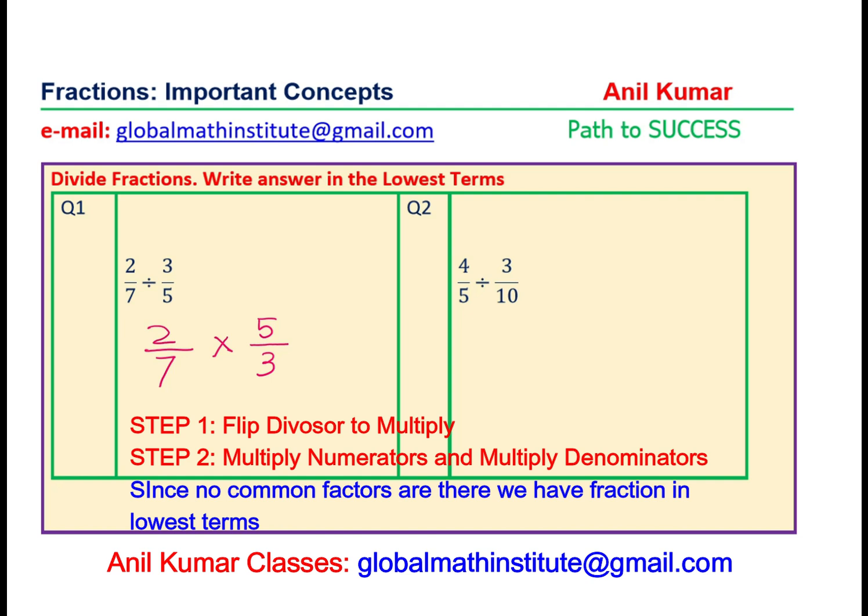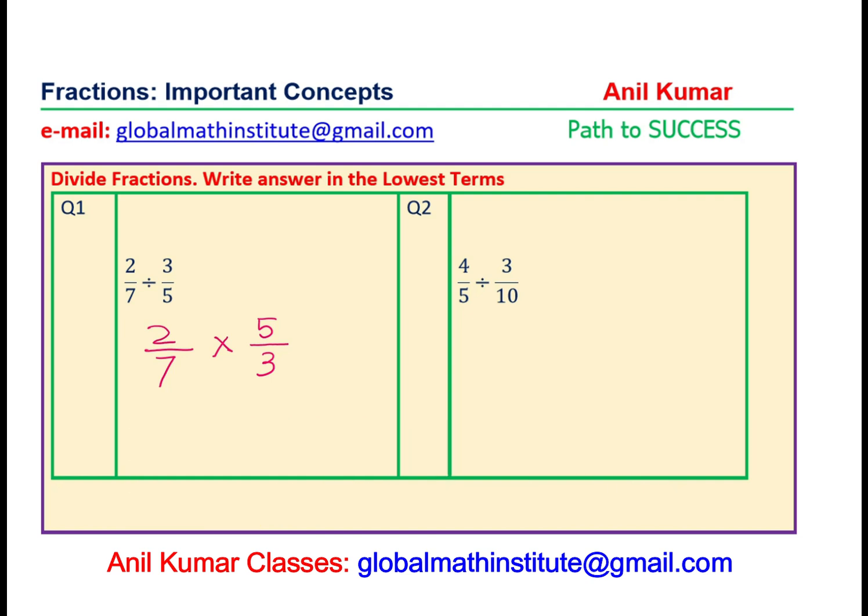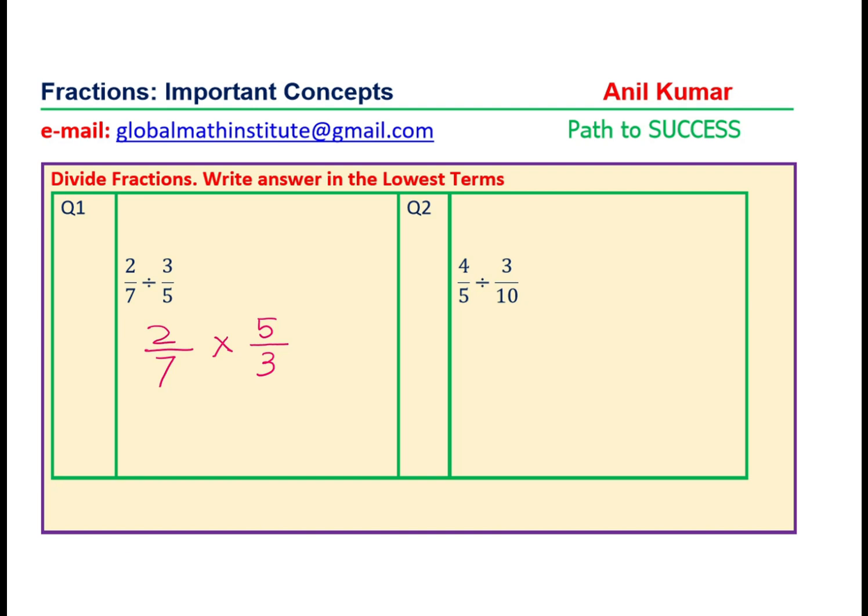In this playlist, you'll find how we multiply fractions. And now, division is the same as multiplication, except for the divisor getting flipped, as I have shown you. Then you multiply using the techniques you have learned. The easiest way is to multiply the numerators and the denominators together.